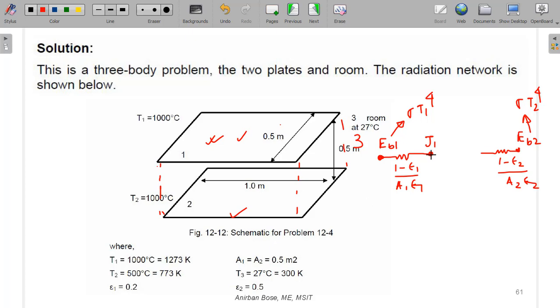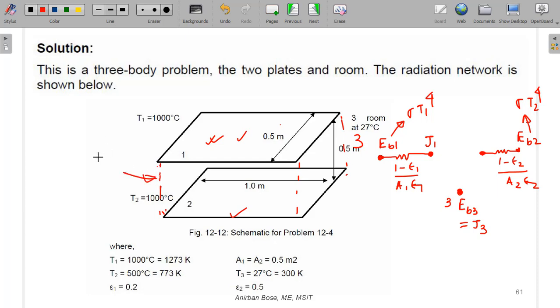Now from 1, and this is 2, and there is another surface which is 3. Now this 3 is what? EB3 is equal to J3. Why is EB3 equal to J3? Because this third surface is an enclosure that we are considering, which is actually not there.